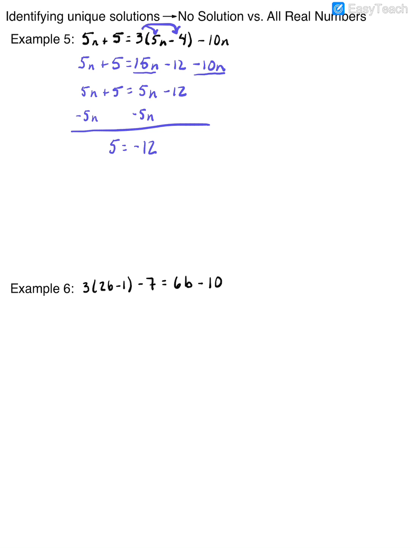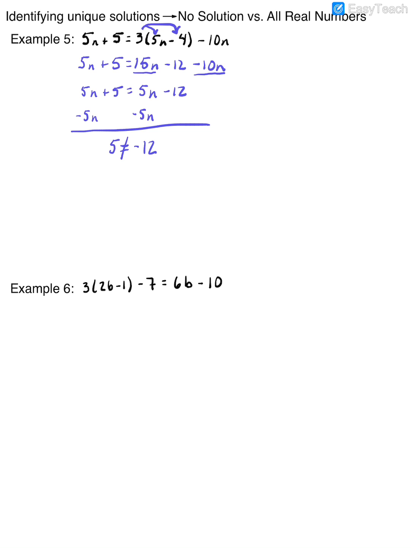Well, sometimes when our problems have variables on each side, they cancel each other out because they're actually going to line up and be the same values. So what we have to look for is the statement at the end. So here, does 5 equal negative 12? Well, I know that 5 is not the same as negative 12, so they're not equal.